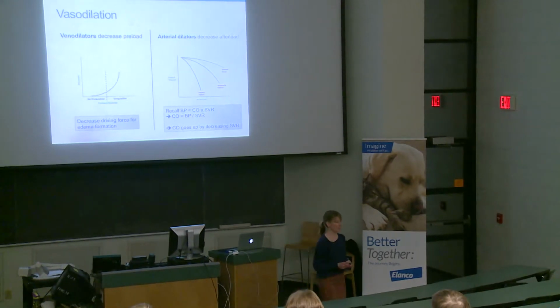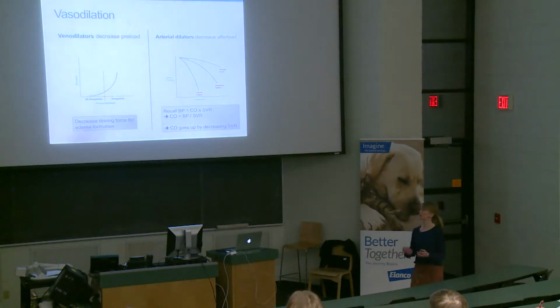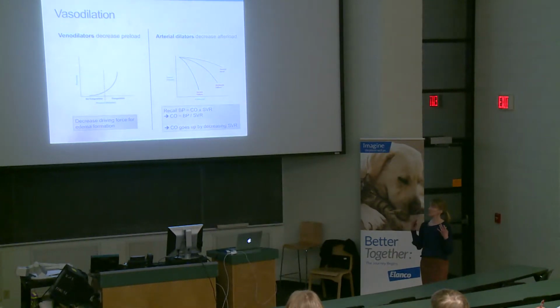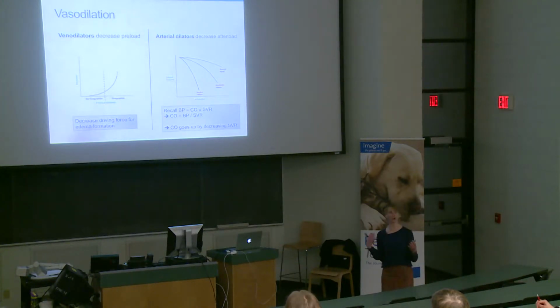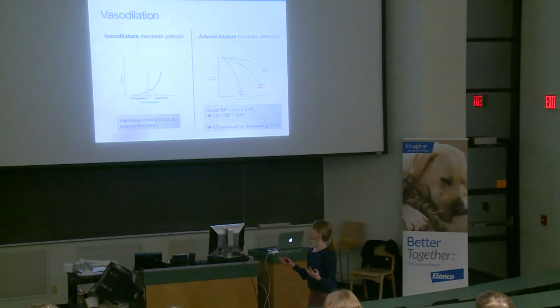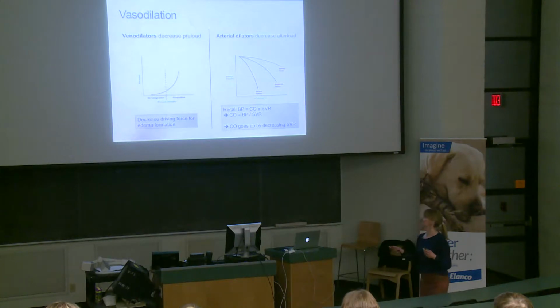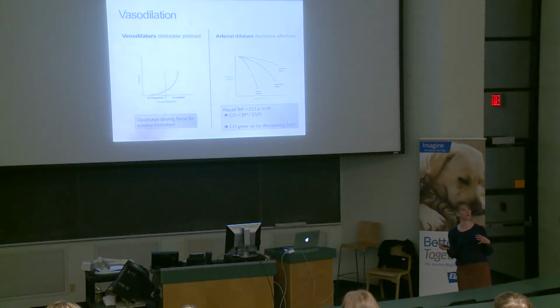So for vasodilation, remember we said we're going to think about diuresis, vasodilation, and positive inotropy. With vasodilation, we're usually talking about either venodilators or arterial vasodilators, or perhaps a mixture of the two. So why are we using those drugs? Well, venodilators are going to be helpful to reduce preload.